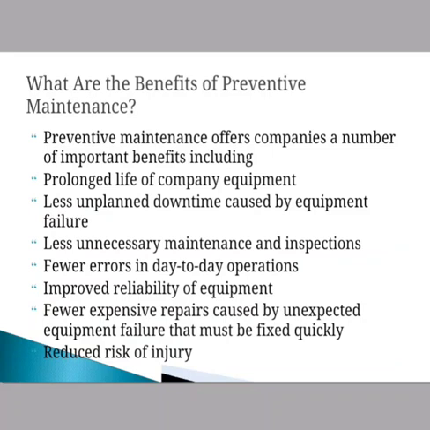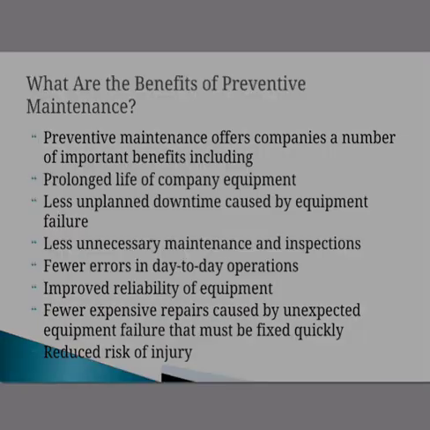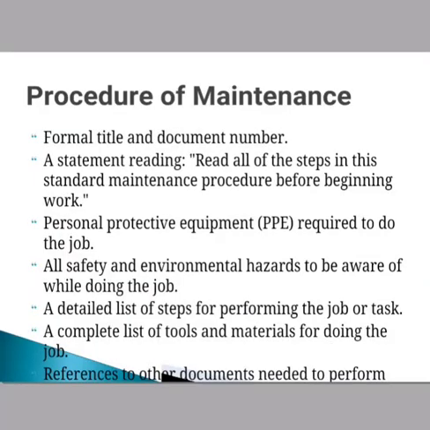Then we have to discuss the procedure of maintenance. In that, first, the formal title and occupant number. It is very important to know on which equipment we have to do the maintenance. Then the next step is very important: read all the steps in the standard maintenance procedure before beginning the work on that equipment.